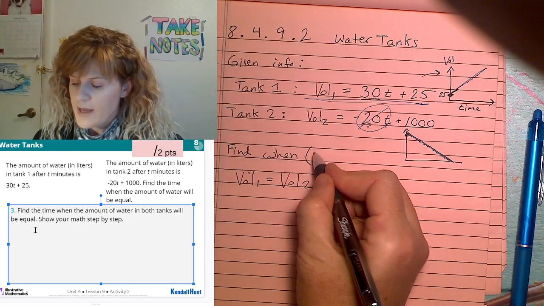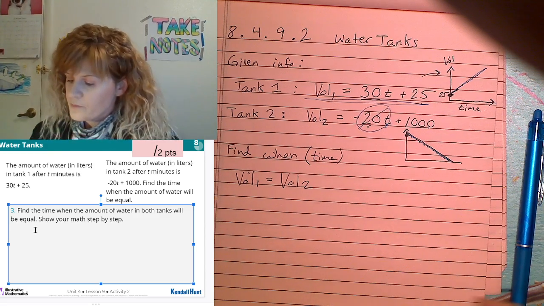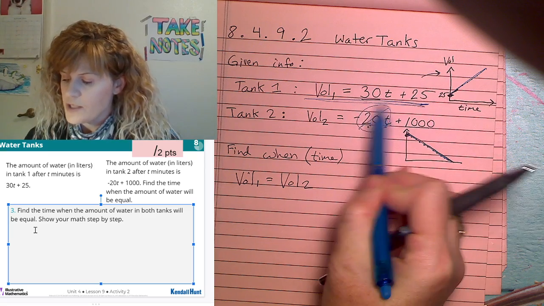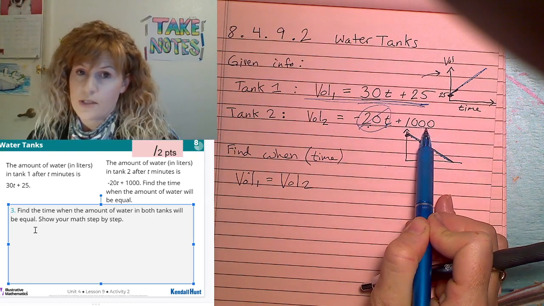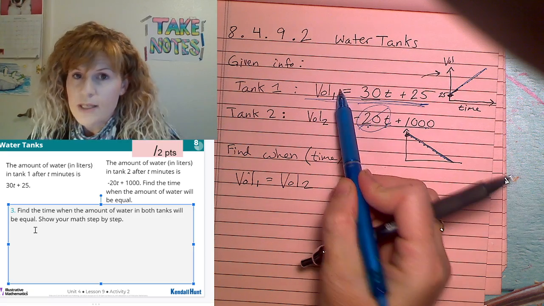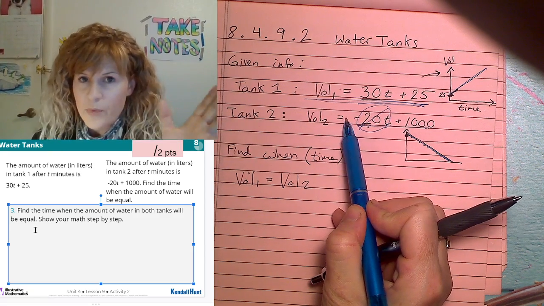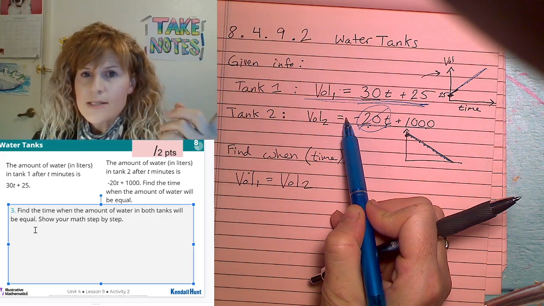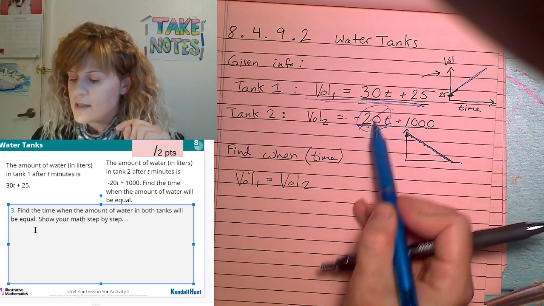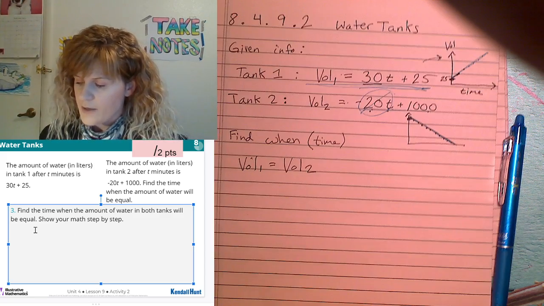And we want to find that time. So here's what we can do. We're going to set the first equation equal to the second equation. Why are we doing that? Because we're saying that volume 1 equals volume 2. We don't know what volume that would be, but we can find the time by setting these equations equal to each other. Watch and see what that looks like.